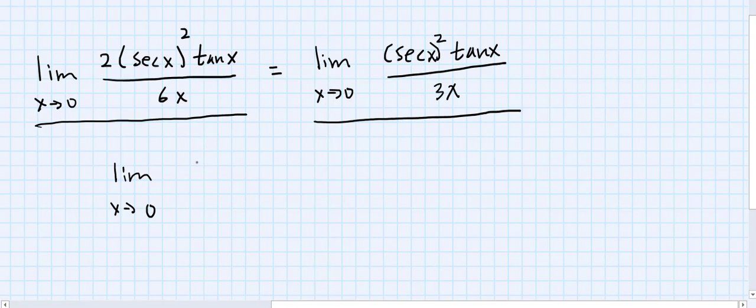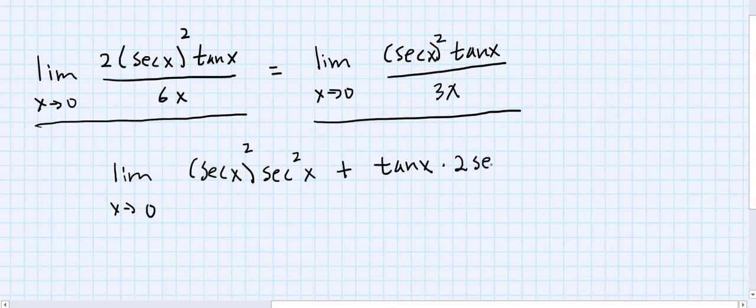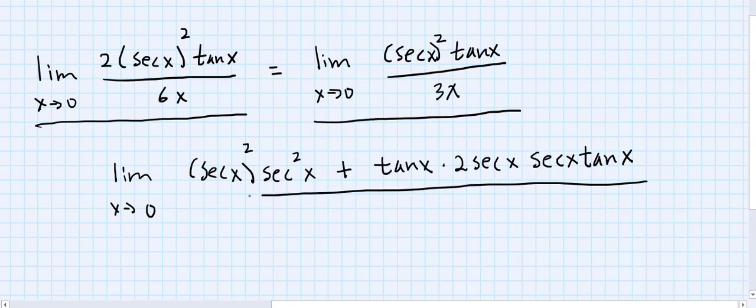And we're going to get secant x, quantity secant x squared times the derivative of tangent x, which is secant squared x, plus tangent x times the derivative of secant squared x, which is going to be 2 secant x times secant x tangent x, all over 3.